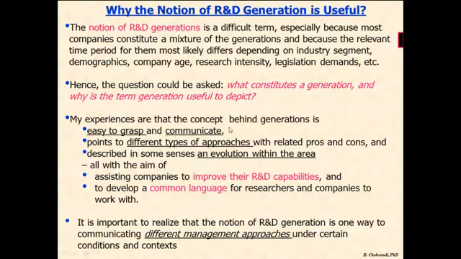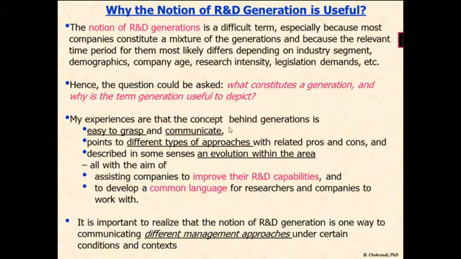Why is this notion of R&D generation useful anyhow? You will see different companies even now exist at different generations. Just because calendar-wise we are in 2015 doesn't mean different organizations and companies exist at fourth generation or fifth.